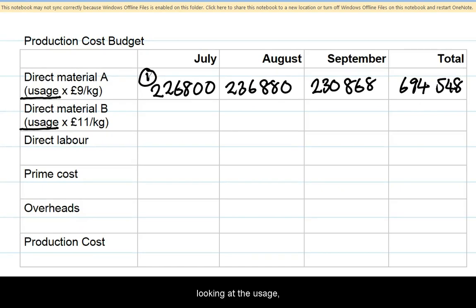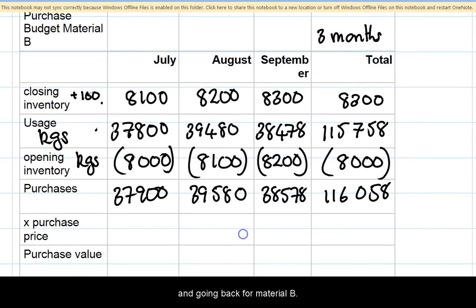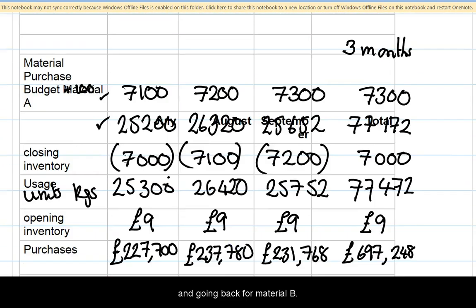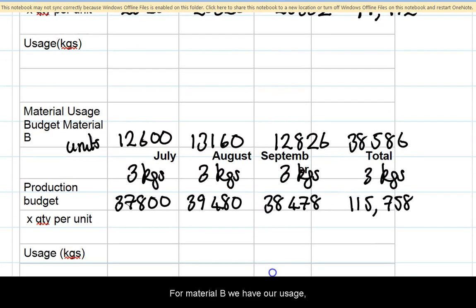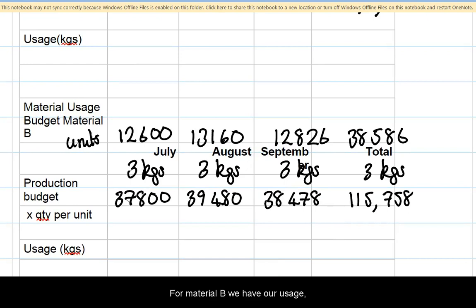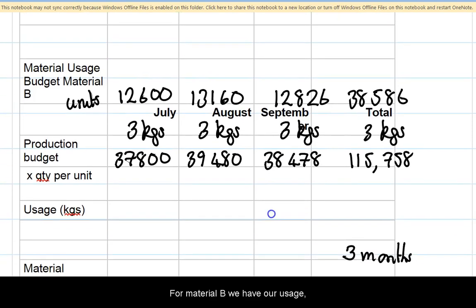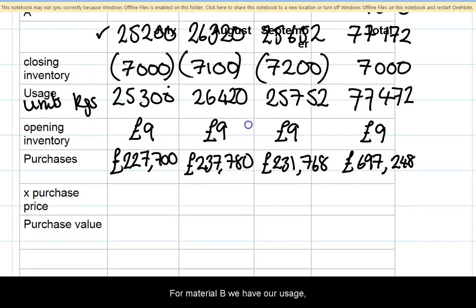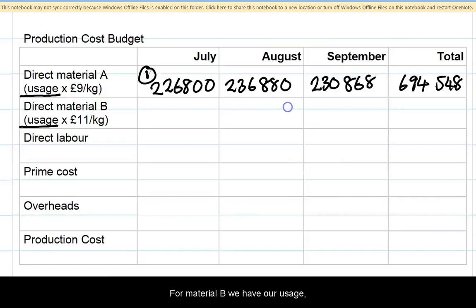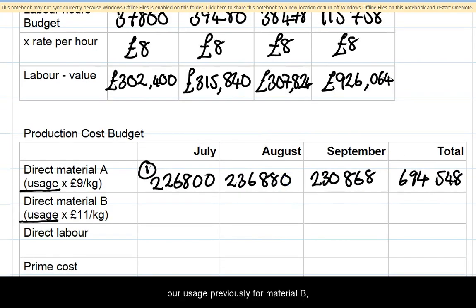Looking at the usage and going back for material B, we have our usage previously for material B: 37,800 kilos for July. We multiply that by our cost of £11.